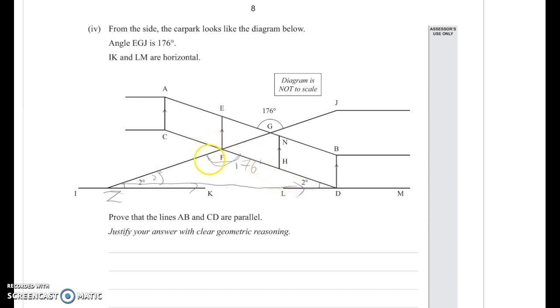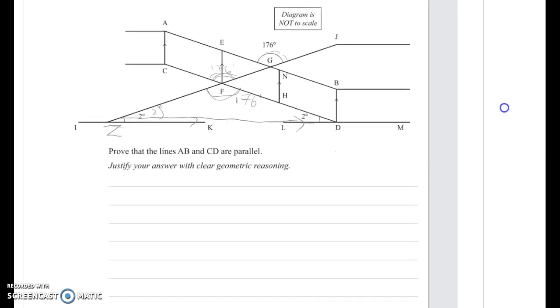Now, if this is 176 degrees, then this is also going to be 176 degrees, vertically opposite angles. And if that's 176 and that's 176, these two lines must be parallel because they are in the corresponding position. And if the two angles are corresponding, that means those two lines must be parallel. So we just need to figure out how to write that down.